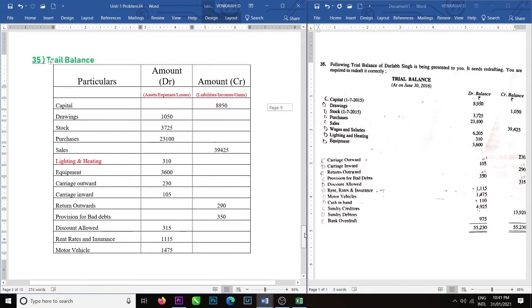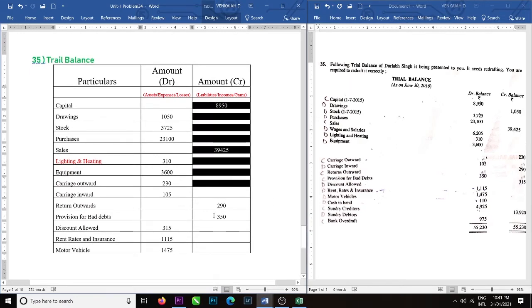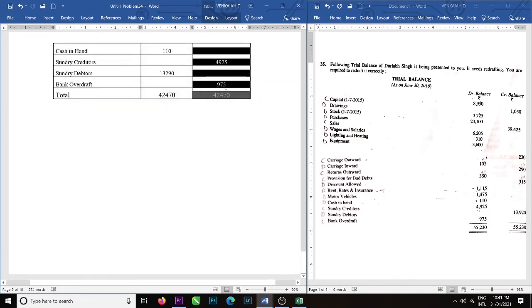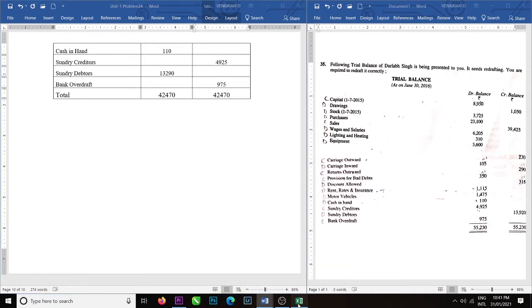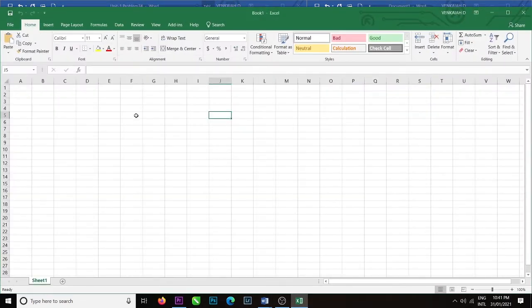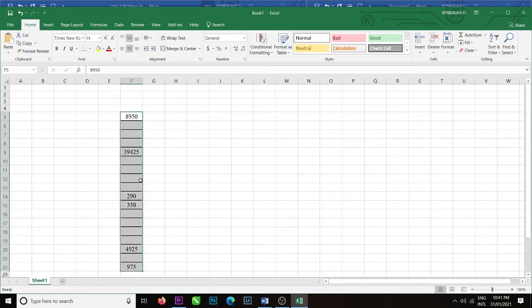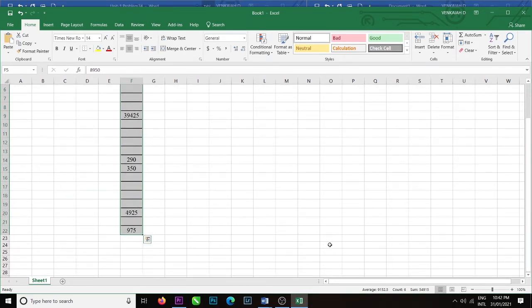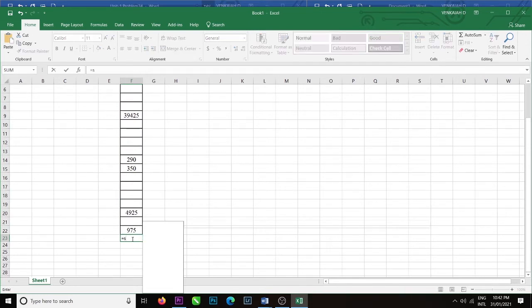Check once again. And now we total the amounts. Credit total is... we will take the help of Excel. Excel is a worksheet where many functions are available. You know very well, I think.